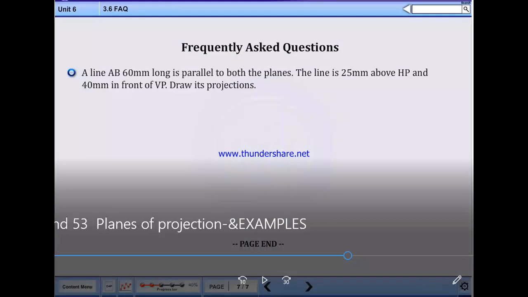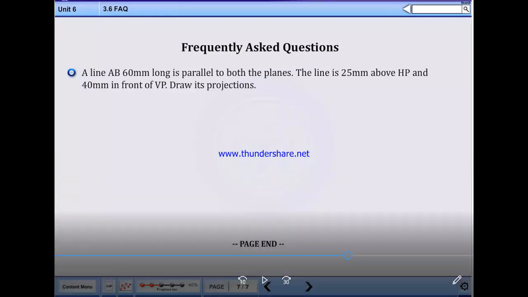With this topic we will close here, and we will see in the next topic the continuation of the solutions of example problems regarding these projections.